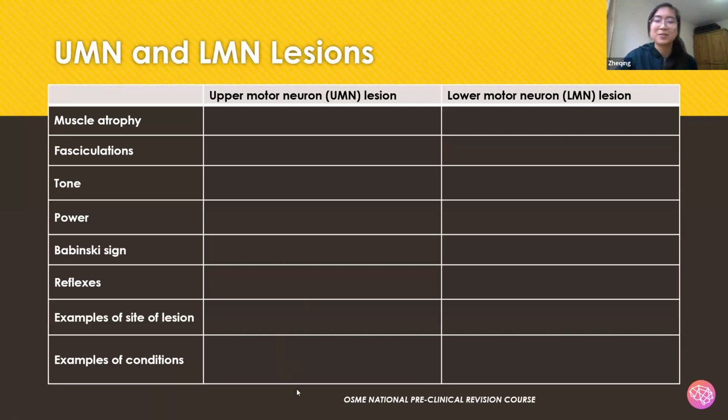If no one types anything, we won't move on. For example, you can think of whether there is or isn't muscle atrophy, or whether there is or isn't fasciculations in each one. If someone can just choose one of them and say what you think is the difference.